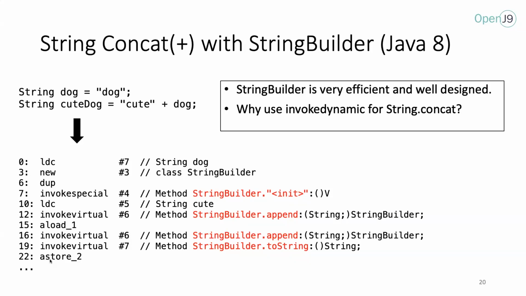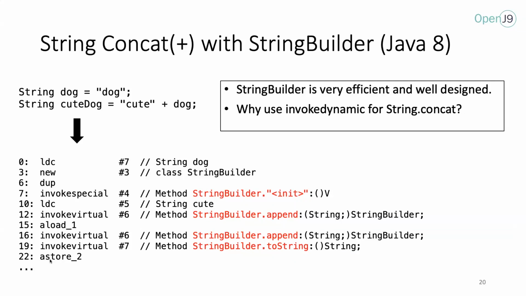and one would say StringBuilder is very efficient and well designed, so why use invokedynamic for string concat? The reason is that invokedynamic provides a more dynamic approach to adopt a more optimized concat strategy without changing the bytecode.